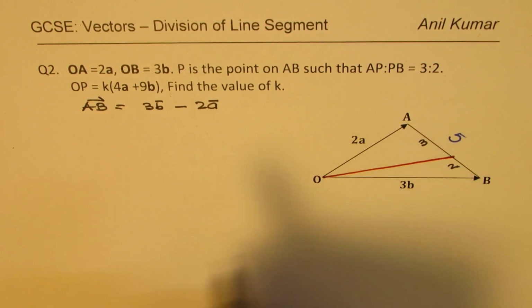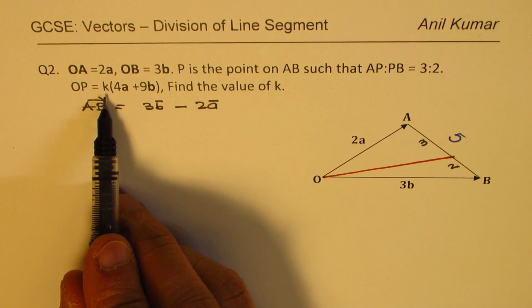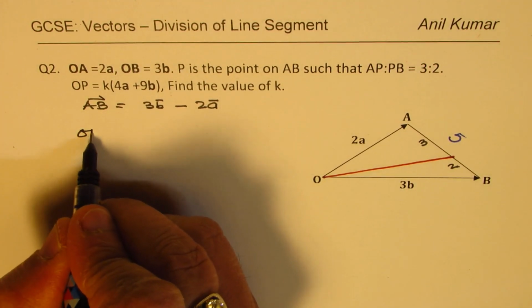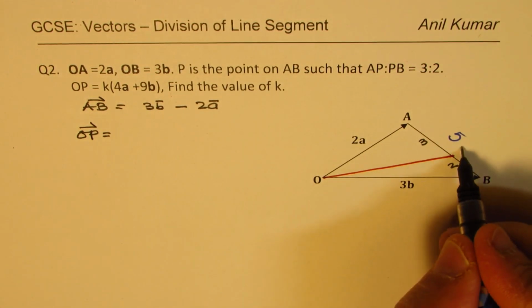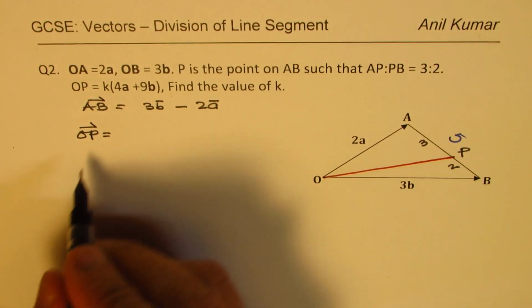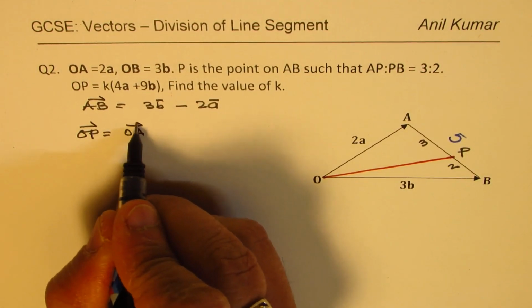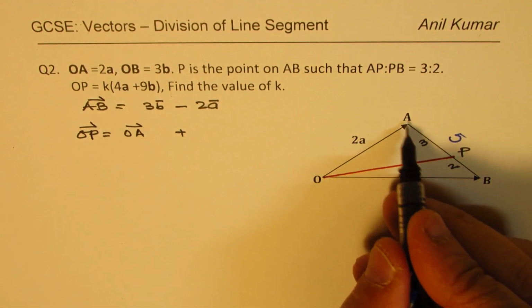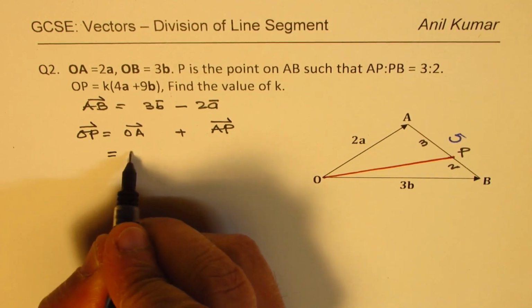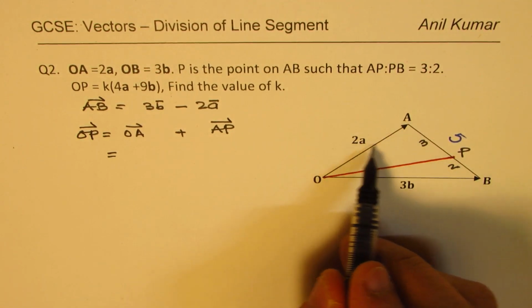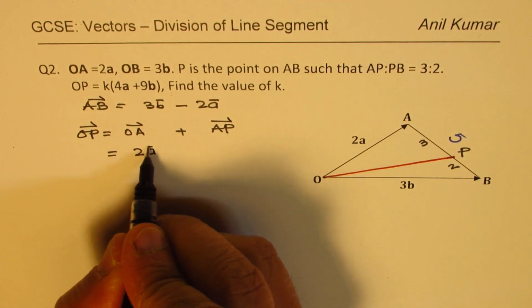But what we need to find is OP and the value of K. So let's figure out what OP is. We'll have the same strategy. O to P, this vector P, is equal to O to A plus A to P. Now, O to A is given to us as 2A.